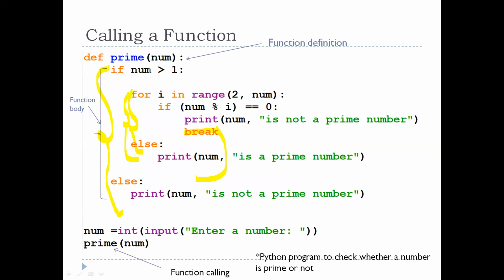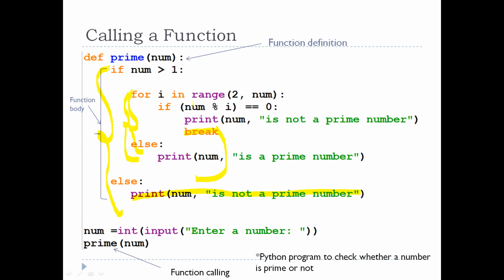But if the number is less than or equal to 1, then this message will be printed that the number is not a prime number. By the definition of a prime number, a number smaller than or equal to 1 is not a prime number.